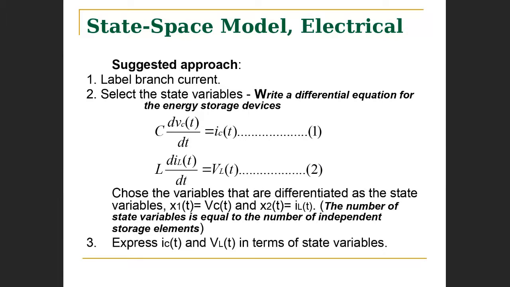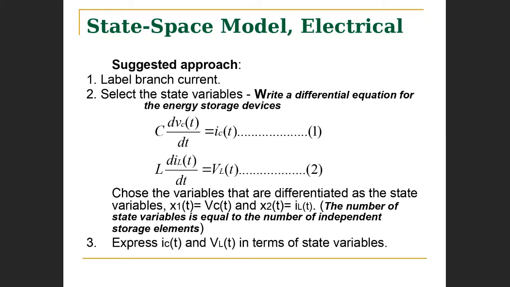So here are the suggestions that I'm presenting for obtaining the state space model. 1, we're going to label the branch currents. 2, very important now, we're going to select the state variables, and this is how we're going to do it.